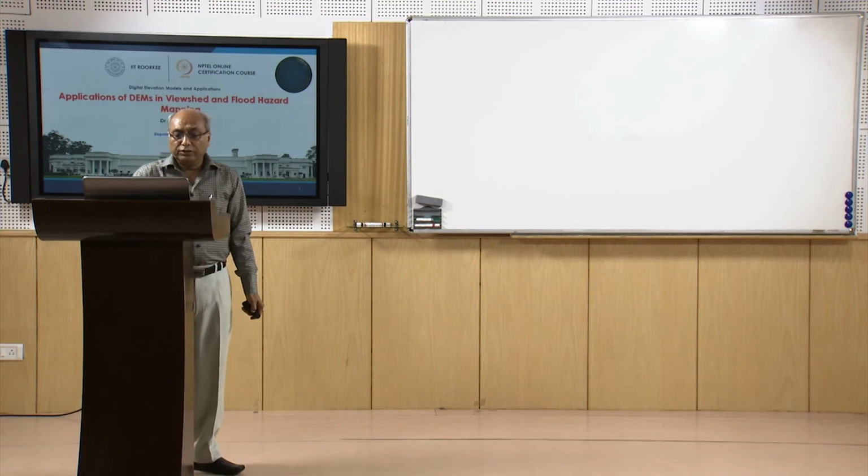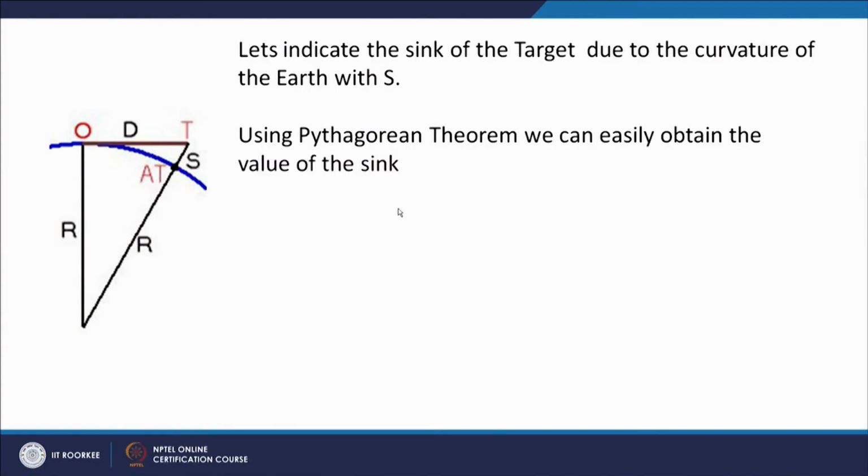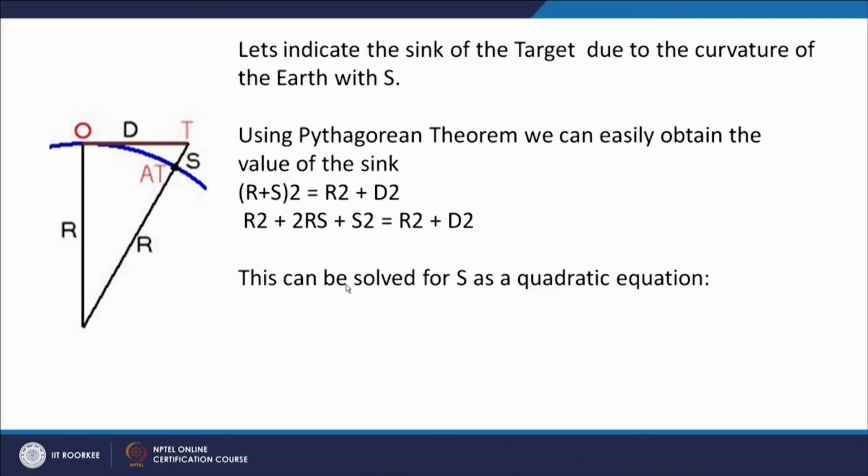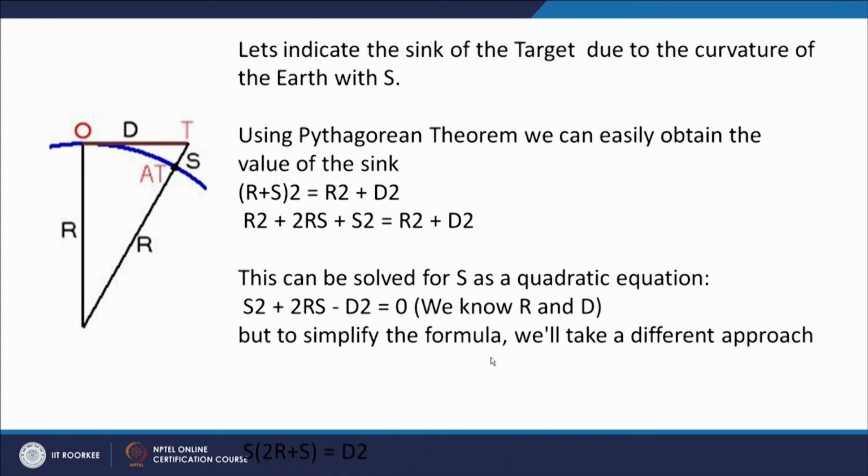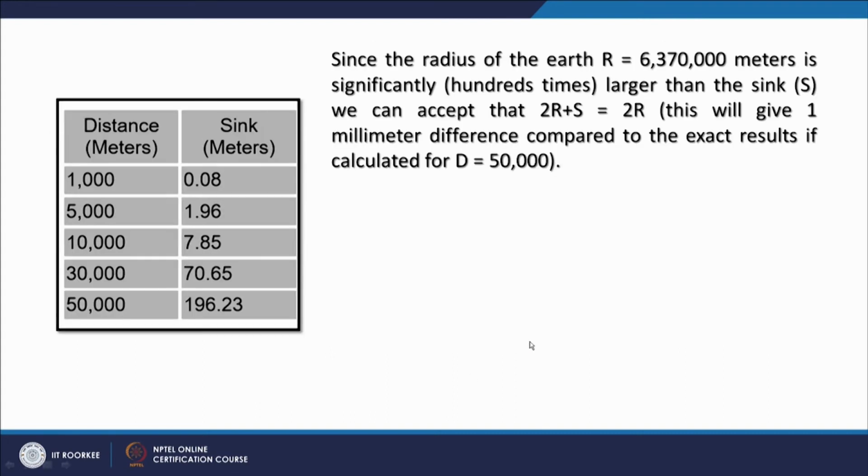Using the Pythagorean theorem, we can easily obtain the value of the sink, how much drop there is, and that is (R plus S) squared equals R squared plus D squared. This can be solved for S as a quadratic equation, and then we get the value of S, which is D squared by 2R plus S.